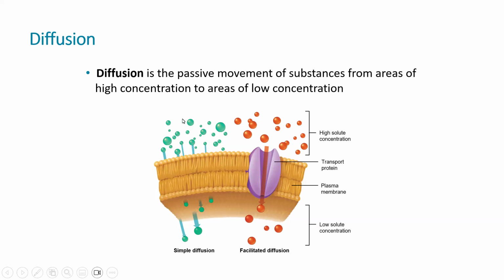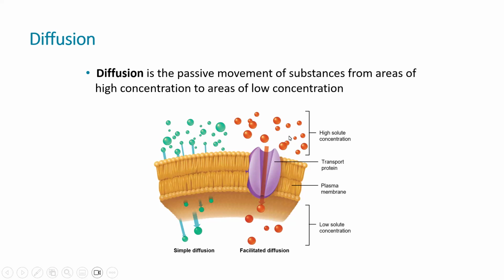And so we're going to expect these blue bubbles, whatever they're representing, to diffuse through the cell to this side. Now, with simple diffusion, they do that by going right through the plasma membrane, right? So from outside of the cell, through the plasma membrane, to the inside of the cell.